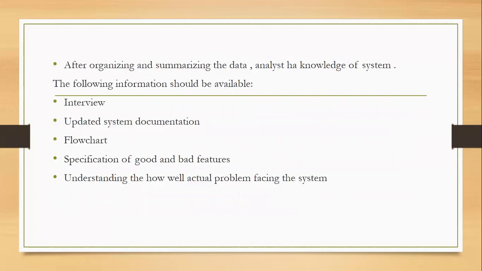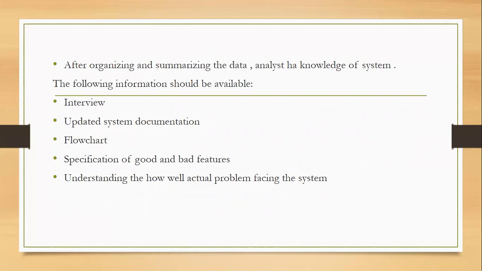After organizing and summarizing the data, the analyst has knowledge of the system. There is some information that should be available to organize the data and to check whether the process is feasible or not. What are these? First one is interview.